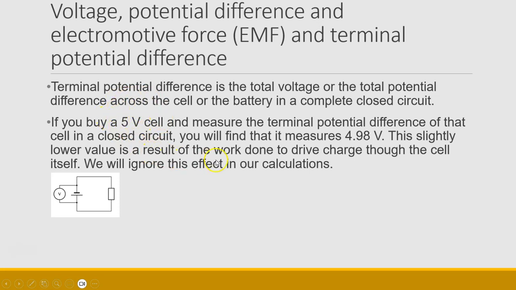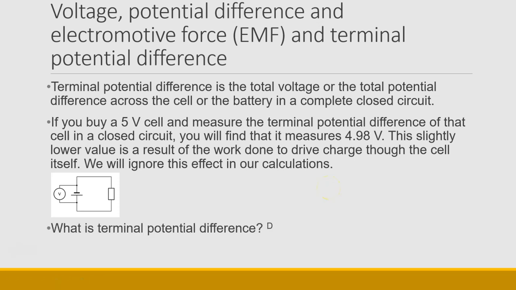And the reason for that is that some of that energy is used, or some work is being done, to drive the charge, or to drive the little electrons, through the cell itself. Now, in the GDE syllabus, in the CAP syllabus, we ignore this effect in our calculations. In the IB syllabus, these values are taken into account in the calculations.